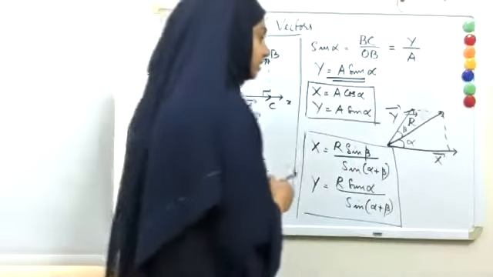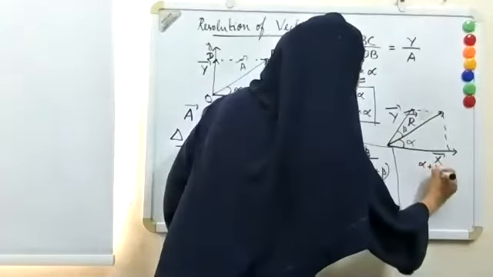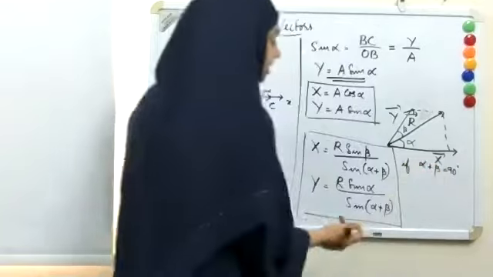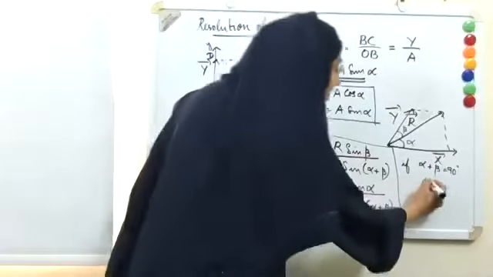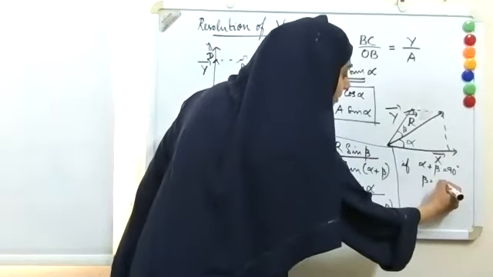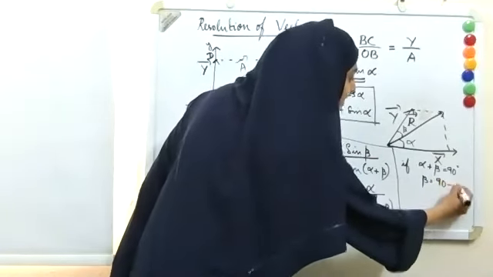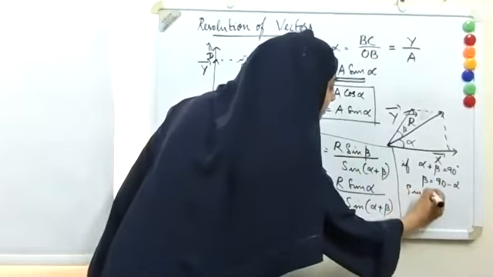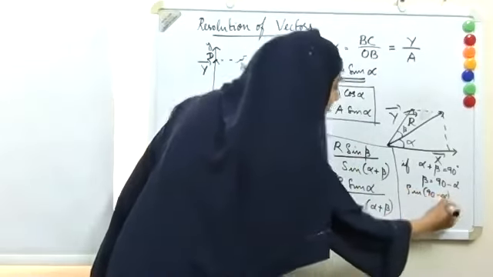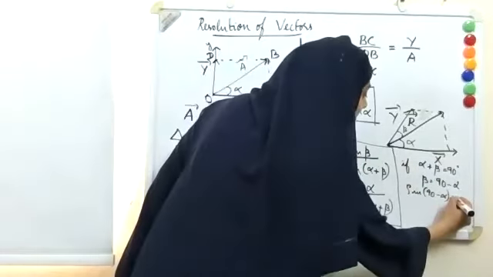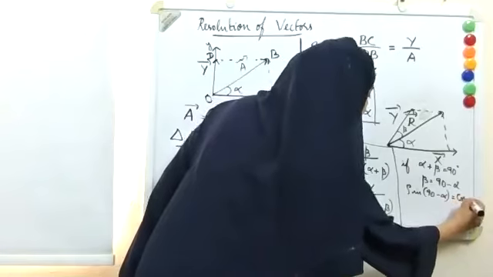So we will put the condition that alpha plus beta is equal to 90 degrees. Then what will be beta? Beta will be equal to 90 minus alpha, right? So what is sine of 90 minus alpha? That is equal to cos alpha.